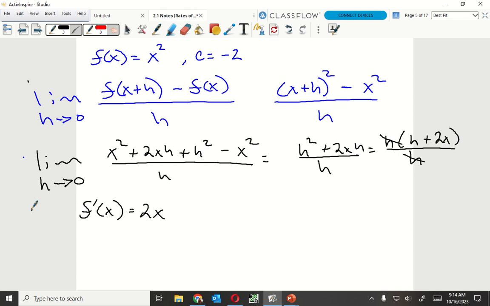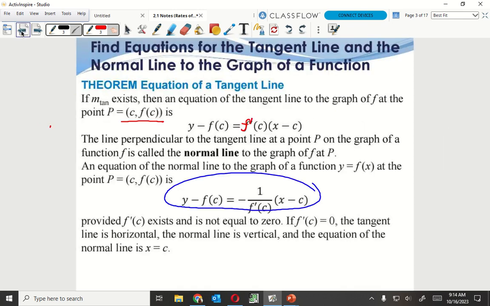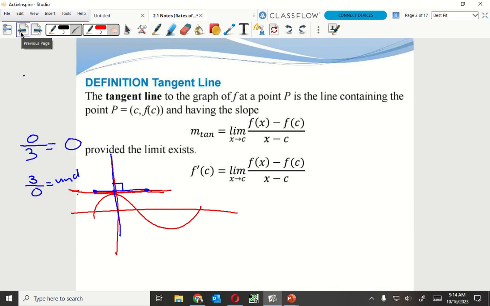Anyway, are you okay with this right here? Are you guys okay with that? Define the f prime. Right here, see this? The slope of the tangent, right? M tan, the slope of the tangent, is the limit function here, where I rewrite this as f prime of c is the limit function.